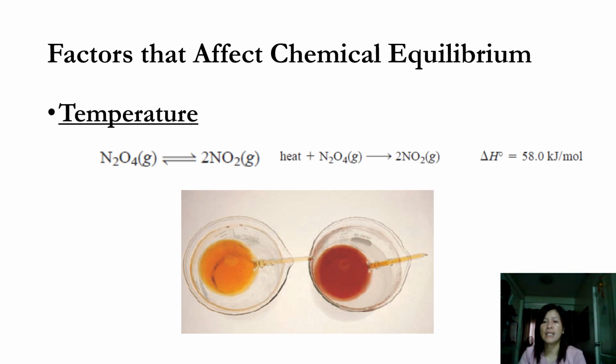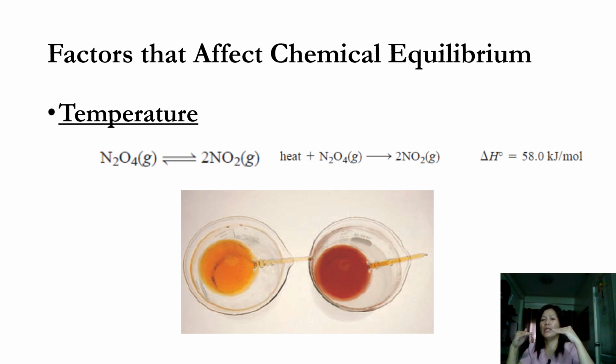But if the reaction is exothermic, you expect heat to be on the product side, and the enthalpy change is negative. So the reverse reaction for this reaction is NO2 plus heat yielding N2O4. If it's the reverse reaction and heat is released by the reaction, the right side has heat in the equation.